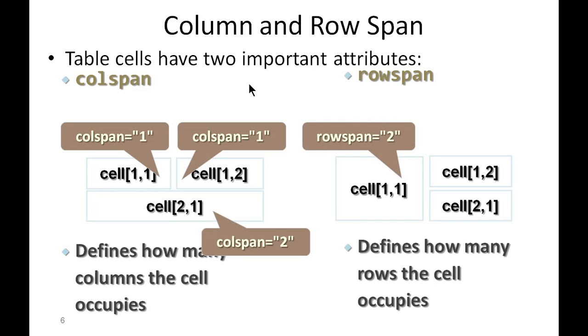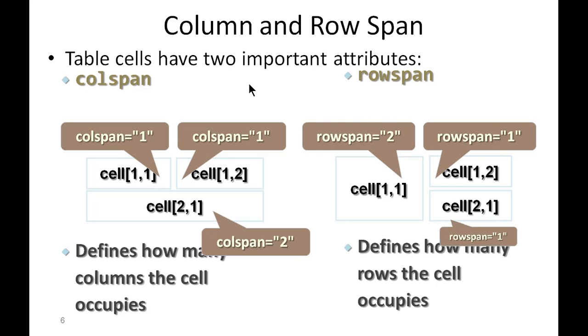Row span of cell 1 1 is 2, two rows occupied one below the other. Row span of cell 1 2 is 1, and row span of cell 2 1 is 1. Row span defines how many rows the cell occupies. Please keep this in mind.